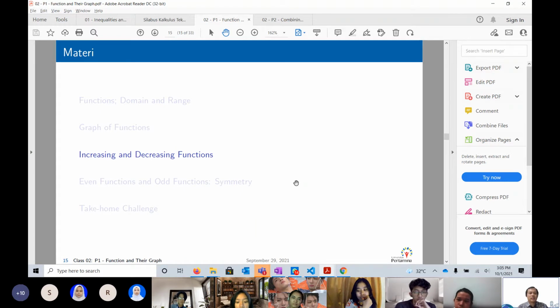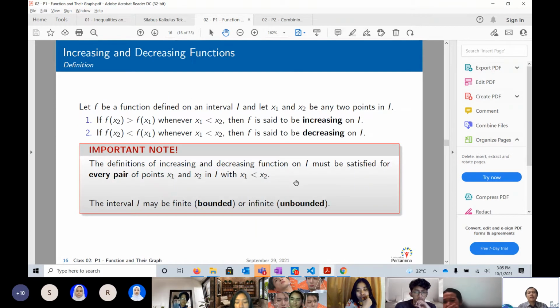First is increasing and decreasing functions. What is an increasing function? Let's say f is a function defined on this interval I. And then we take two points in this interval, say x1 and x2, and we choose x1 to be less than x2.